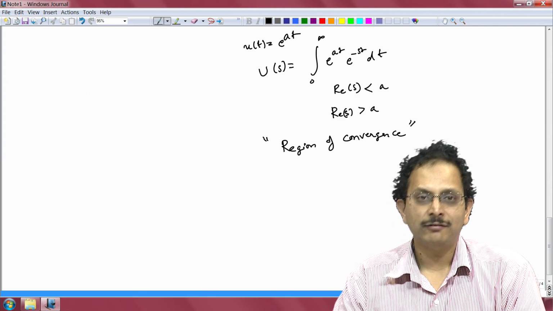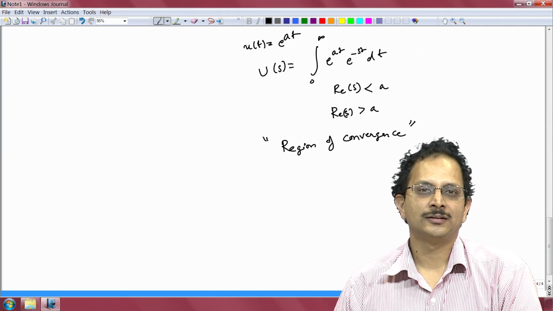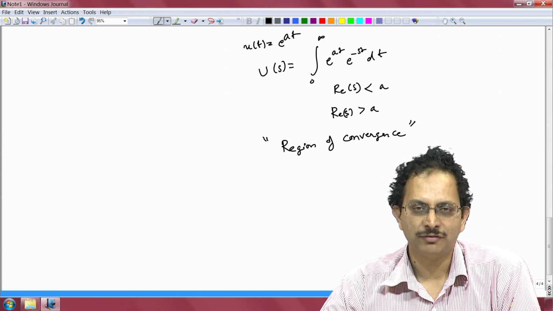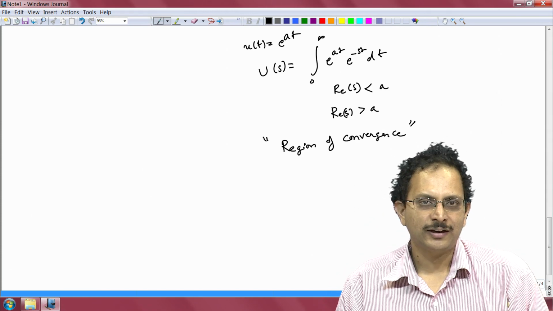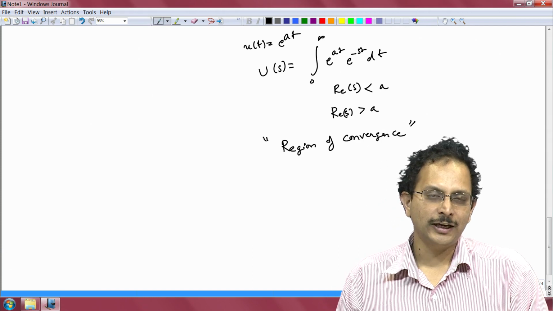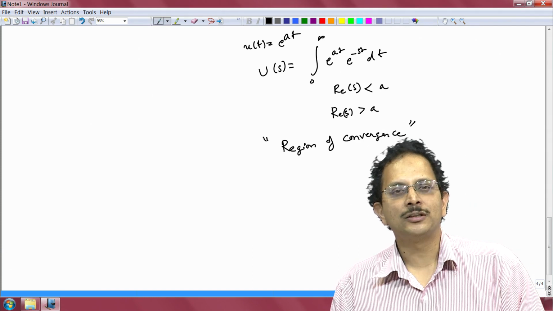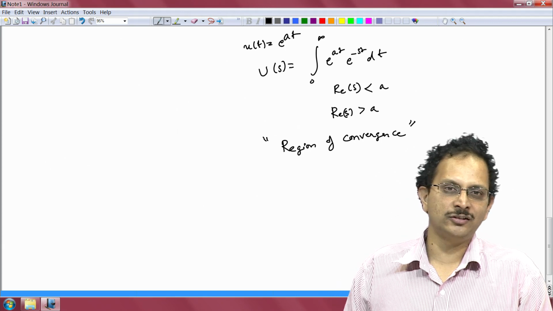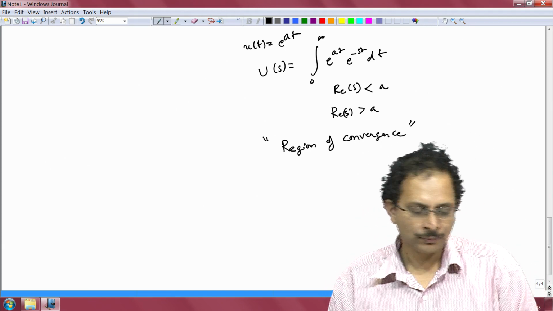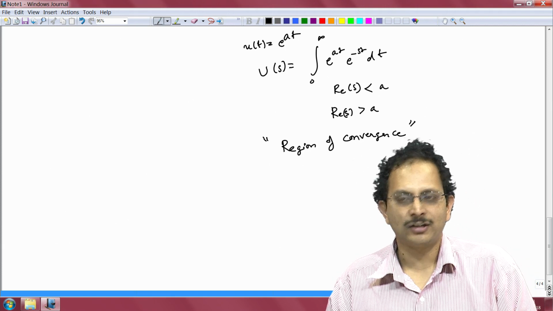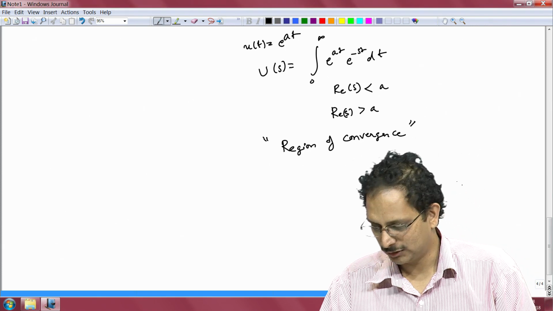So, it is only within the region of convergence that the Laplace transform of the signal is defined, but not outside it. Having looked at the fact that Laplace transforms firstly cannot be defined for all signals u of t, and secondly does not exist for any possible value of s, we shall now look at the Laplace transforms of some common signals.